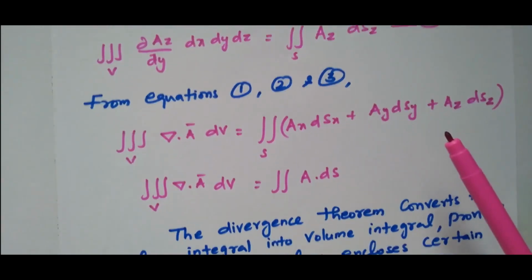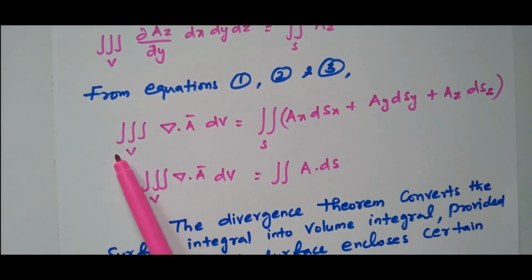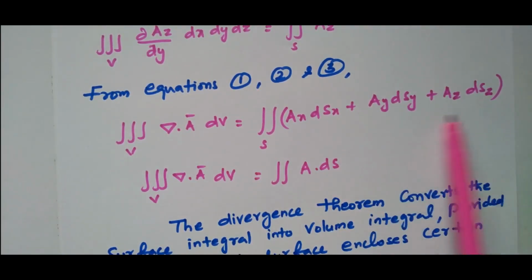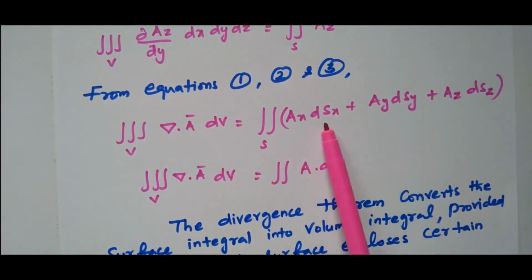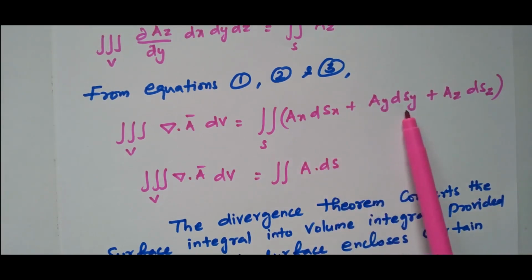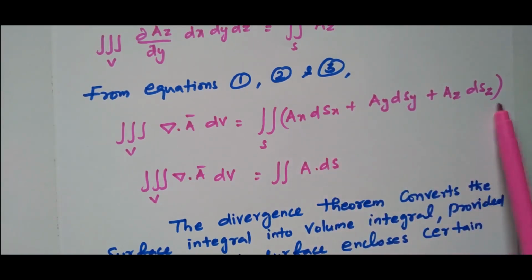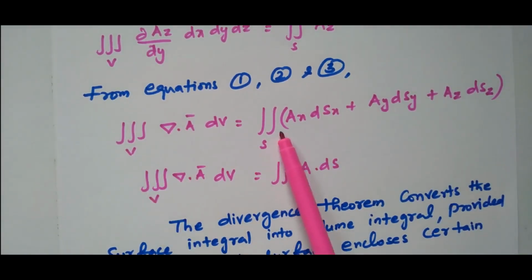So from all these three equations, the triple integral over v of del dot A dv equals, from equations 1, 2 and 3, Ax dSx plus Ay dSy plus Az dSz, right? We can now see this triple integral is equivalent to this double integral, the surface integral, right? So the entire thing can be written as A into dS. The dS is a normal. dS means either xy, yz or zx.